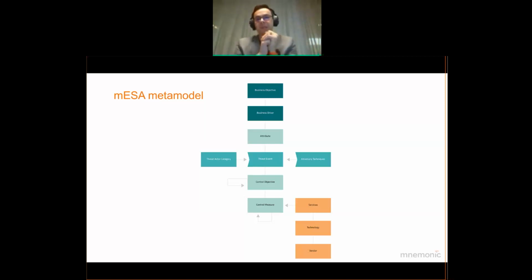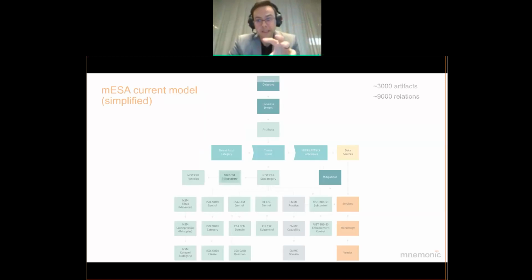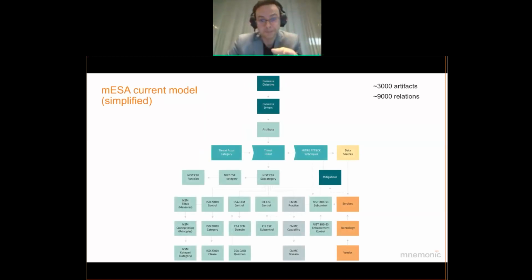So this is the meta model. This is the idea behind the model. How this looks in practice is a little bit more complicated, and is how you see in the next slide. This is how our framework looks today. It's a lot of information, a lot of relationships, a lot of traceability.